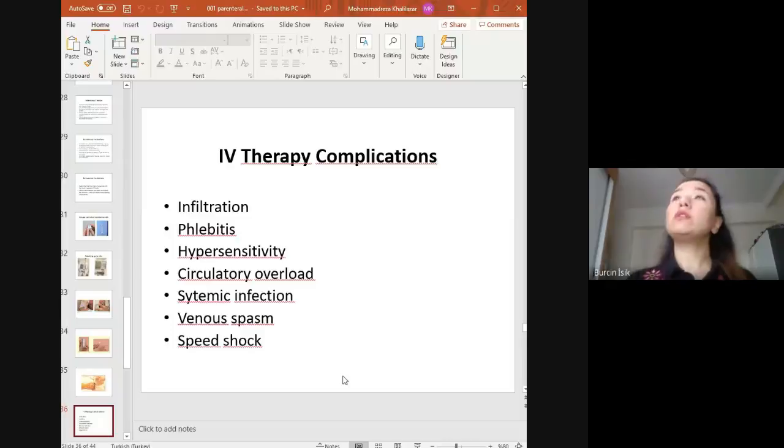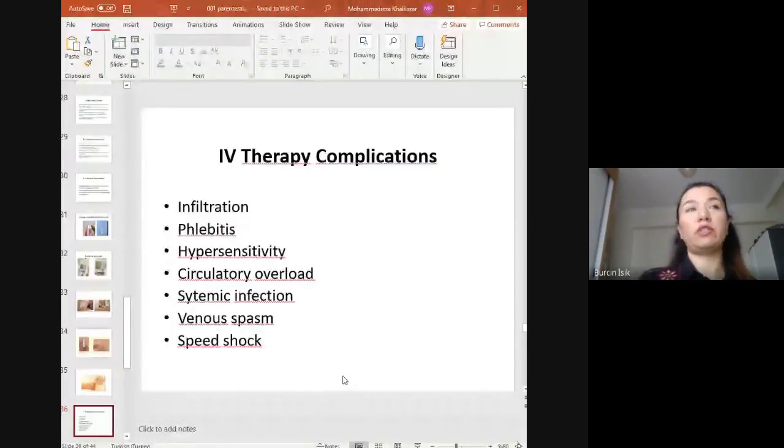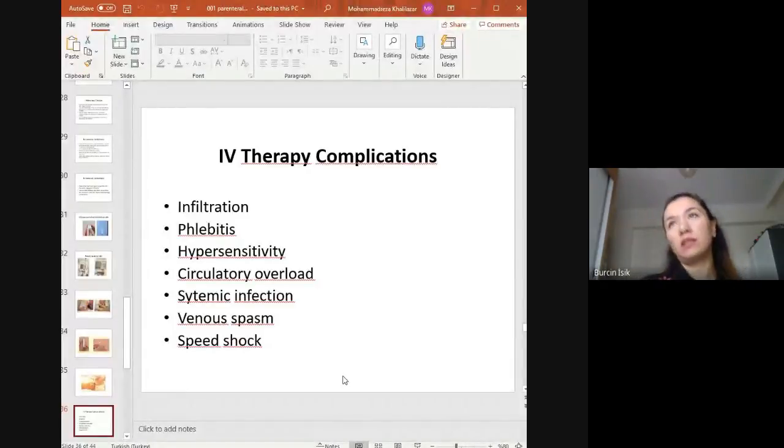And also we must know about the IV therapy complications, maybe infiltration. Infiltration happens most of the time to elderly people because they have a problem with their veins. Phlebitis also, and it's painful. You need to put a warm pack.